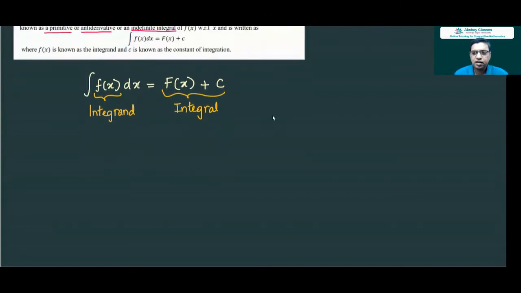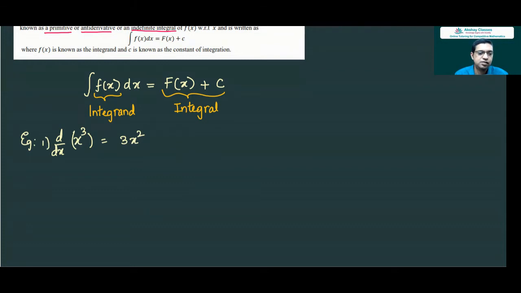Now, why is this called an indefinite integral? The reason is simple. Suppose, very simple, we have the function x cube. The derivative of x cube is 3x square.